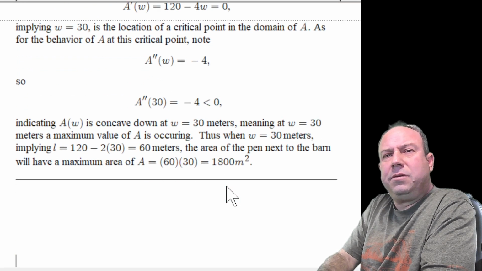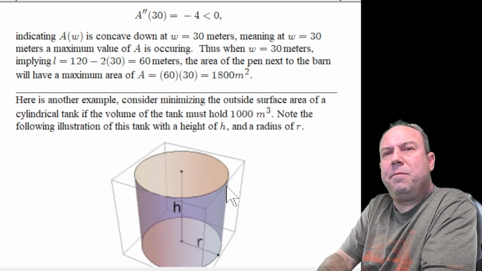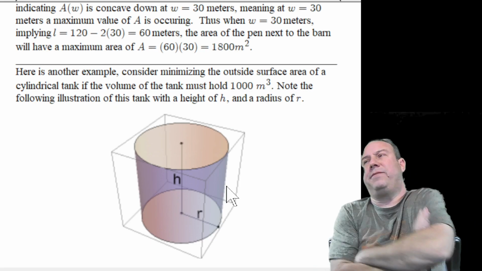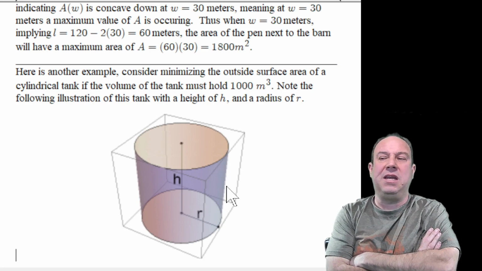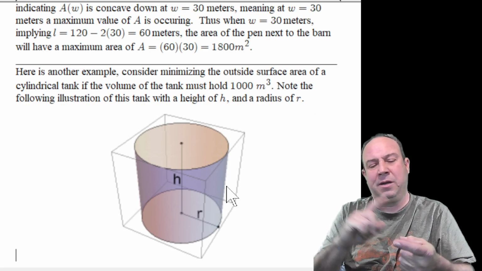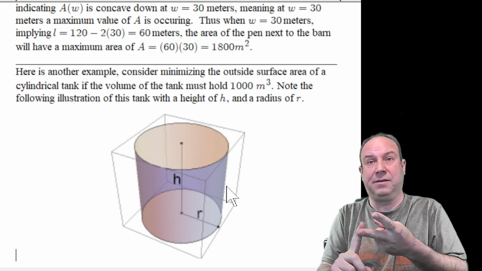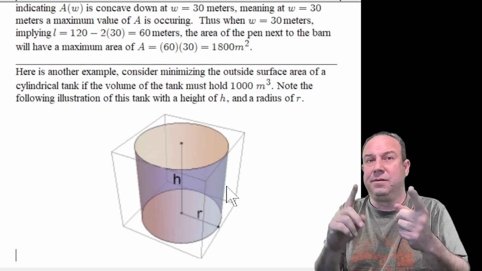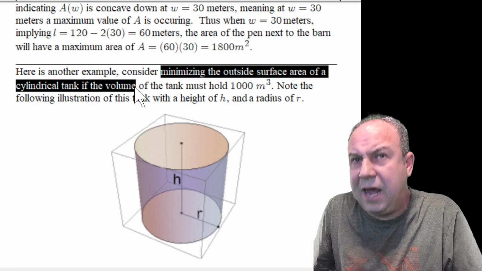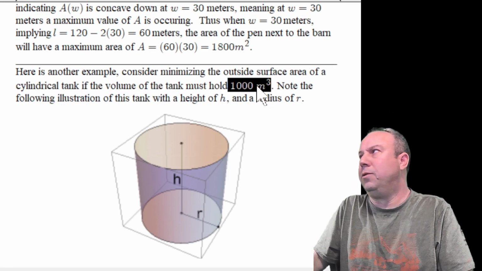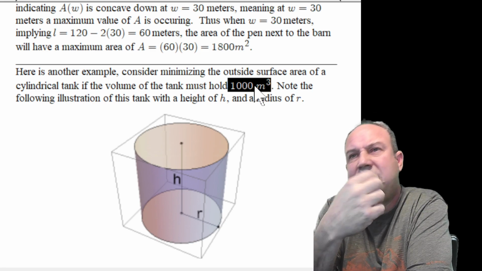Here's another example. Here we consider minimizing, right? Maybe we have to paint this three-dimensional object, and we want to minimize how much space we have to paint. That'll minimize the amount of paint we have to paint with, and that'll minimize the amount of time we have to spend painting. And here we're considering minimizing the outer surface area of a cylindrical tank that must still hold a particular amount of, let's say, fluid here.